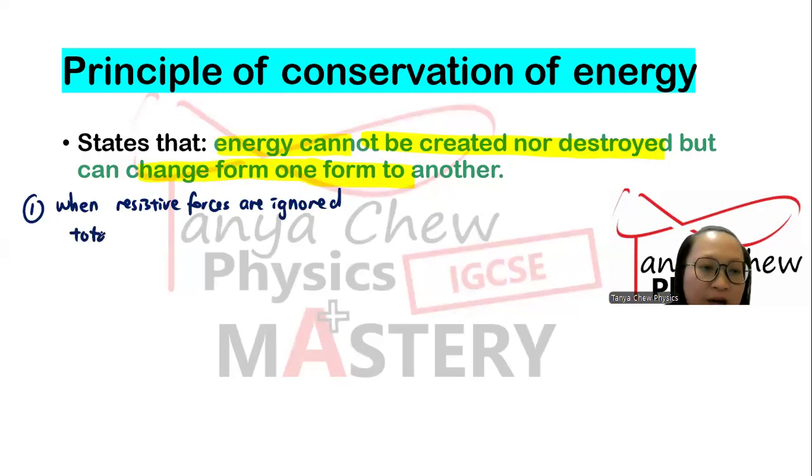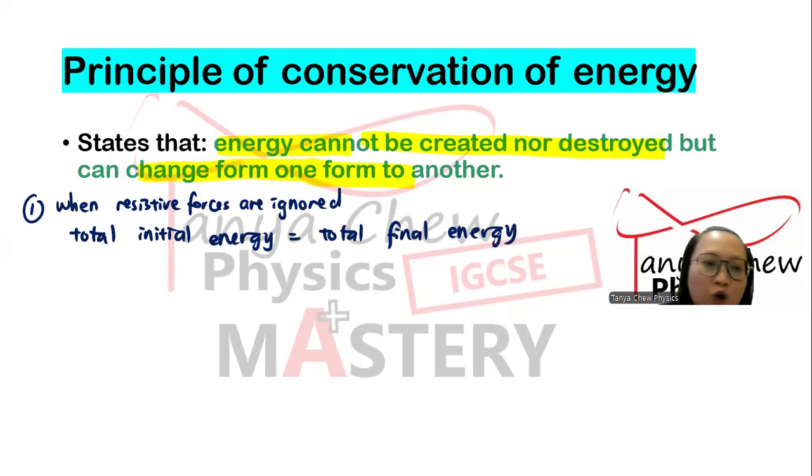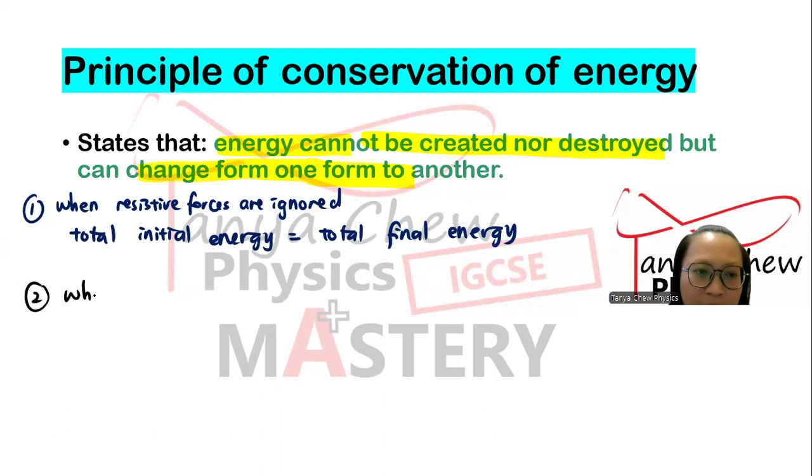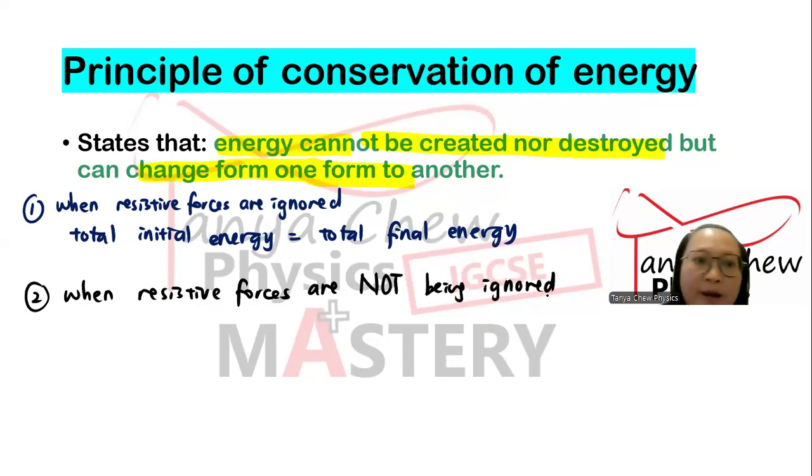That means you just write down total initial energy is equal to total final energy. Total initial energy could be kinetic energy, could be gravitational potential energy. It depends on the questions. The second condition is when resistive forces are not being ignored. What happens?